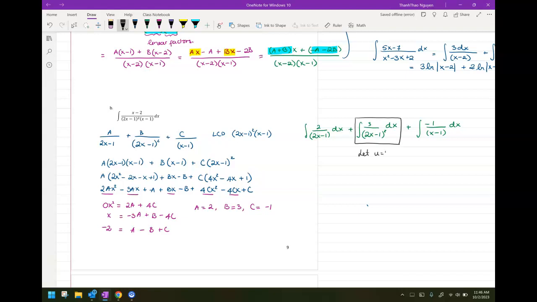Let u equal 2x minus 1, du equal 2 dx. Then this integral becomes 6 du divided by u squared, so that is 6 times u to the negative 2 du.